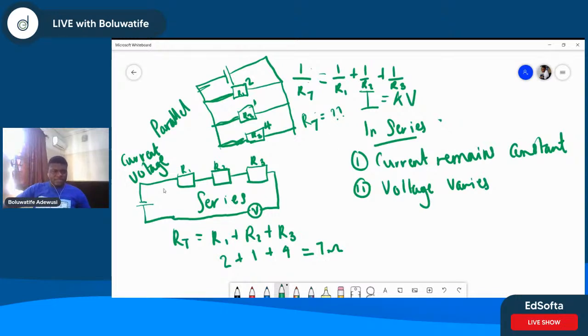The reason why voltage varies is because they are connected sequentially, right?